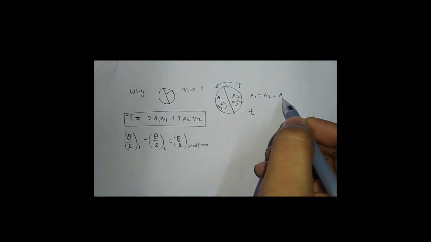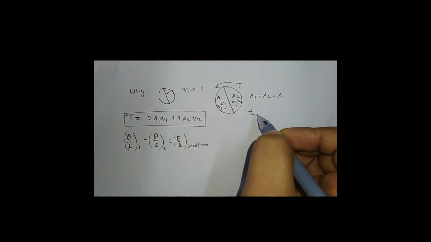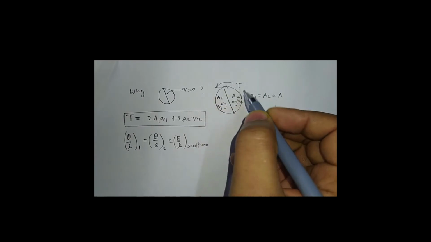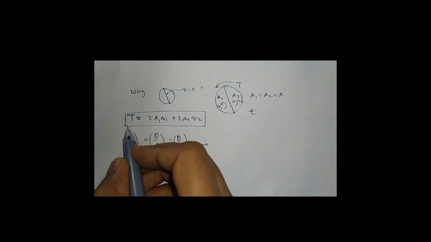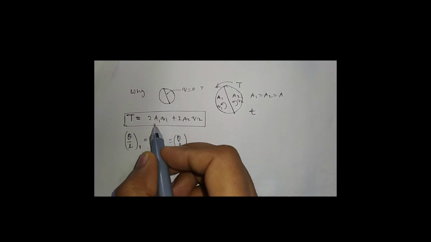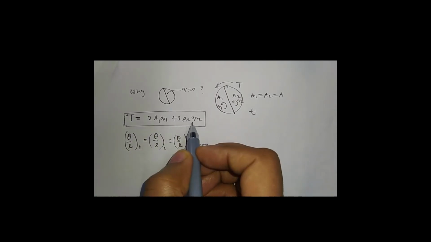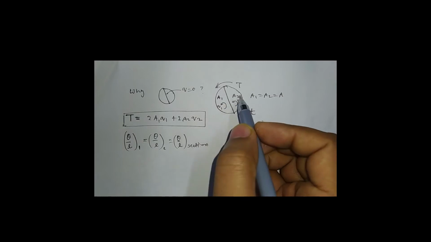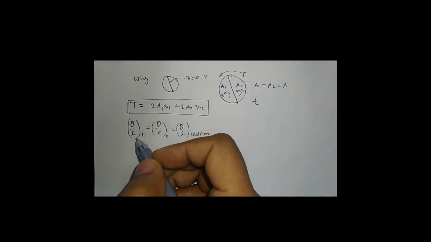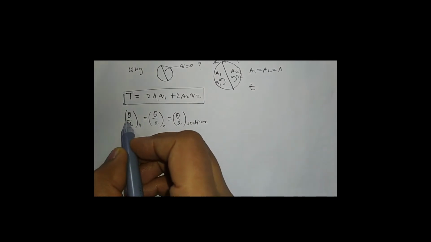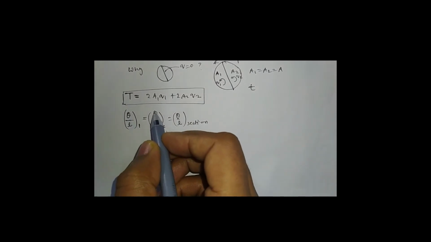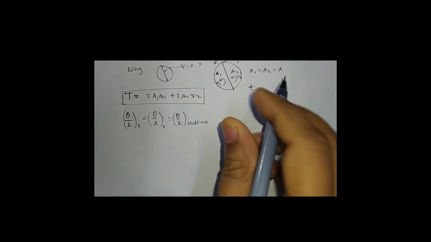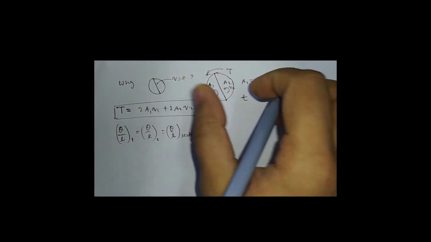We are saying this is equal to A, and let's assume the thickness is uniform T, subjected to a torque T. We know that the torque for a thin walled closed section is given by this, where Q1 and Q2 are the shear flow in the section or the cells, cell 1 and cell 2. It is assumed that the rate of twist for cell 1 will be equal to cell 2, which is equal to the rate of twist of the whole section due to the torsion.